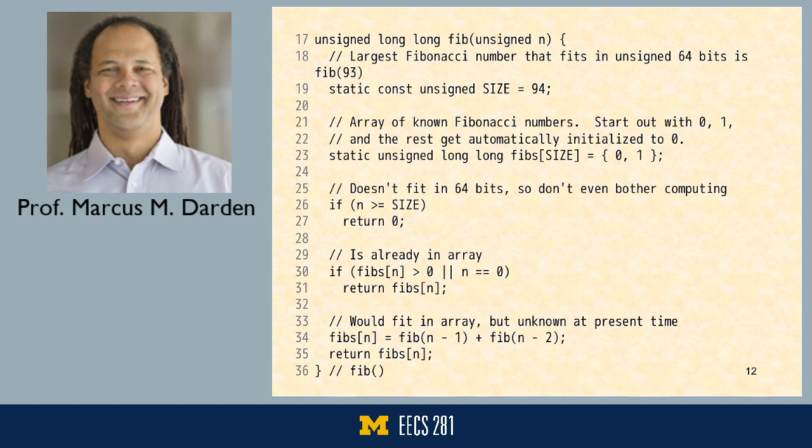Line 34 is the straightforward recursive call. Fibs of n is equal to fibs of n minus 1 plus fibs of n minus 2. Right? So that's recursive. I mentioned this was going to be a bottom-up version. This is not a bottom-up version. This is a top-down version.